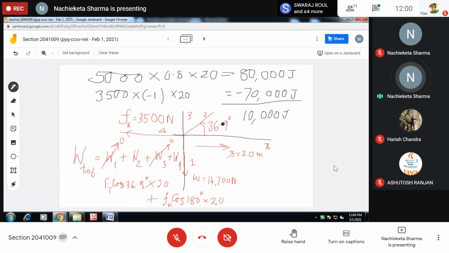In the next class, we will discuss what will happen to this sled if 10,000 joule of work is done on it, and from there we'll go to kinetic energy and the work energy theorem.